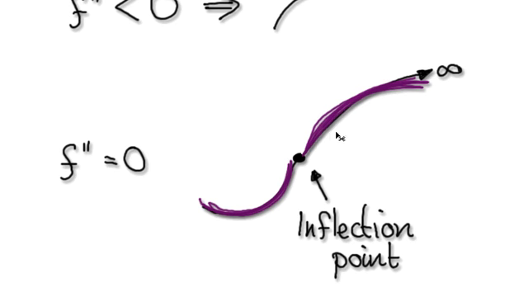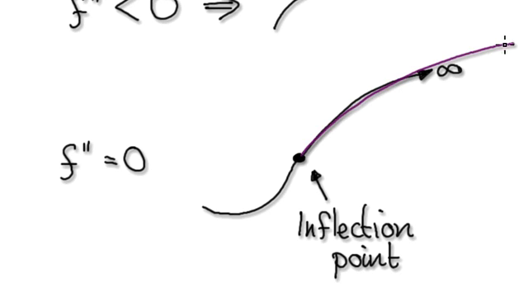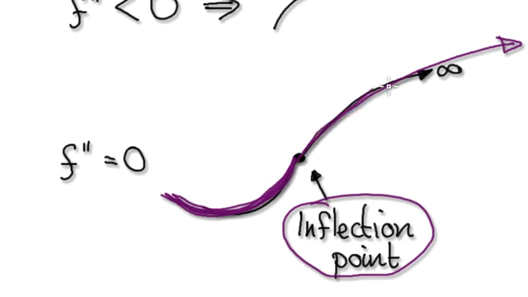But it's concave down in such a way that it's still heading towards positive infinity. You can see that it's concaving down, yet it can still head towards positive infinity. So it's concave up here, and then past the inflection point it concaves down, but it's still heading towards infinity.